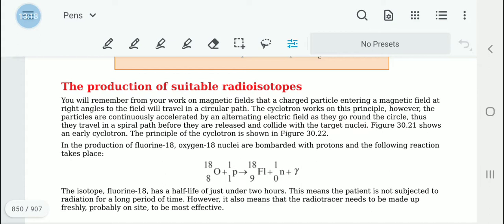Production of suitable radioisotopes for PET scanners is done by using a cyclotron, which uses the principle of a charged particle entering a magnetic field at right angles to the field, traveling in a circular path.